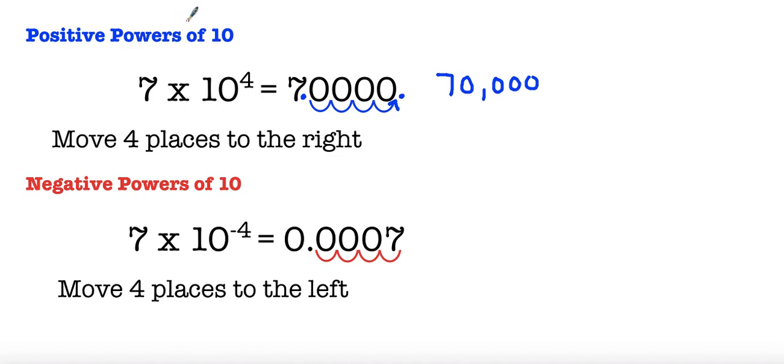And if we're working with a negative power of 10, we start after the 7, so that's where my decimal place is at. And we're going to move to the left 4, so 1, 2, 3, 4. And that's why we end up with 0.0007.